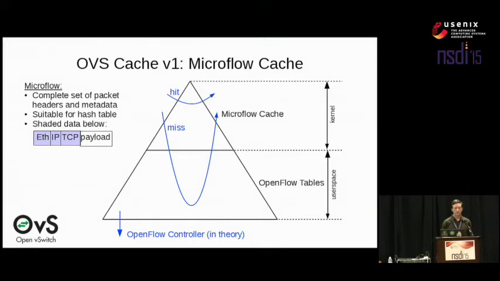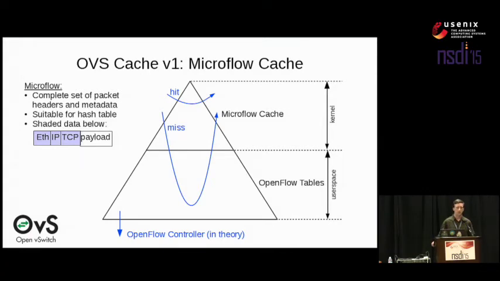So the first packet in a microflow going through the system caused a miss in the microflow cache, and then we would send that to user space, and user space would throw it through all those flow tables I was telling you about, and then it would add an entry to the microflow cache so that any later packets in the same microflow would just look at the cache, and they would only suffer one hash lookup instead of the 100.